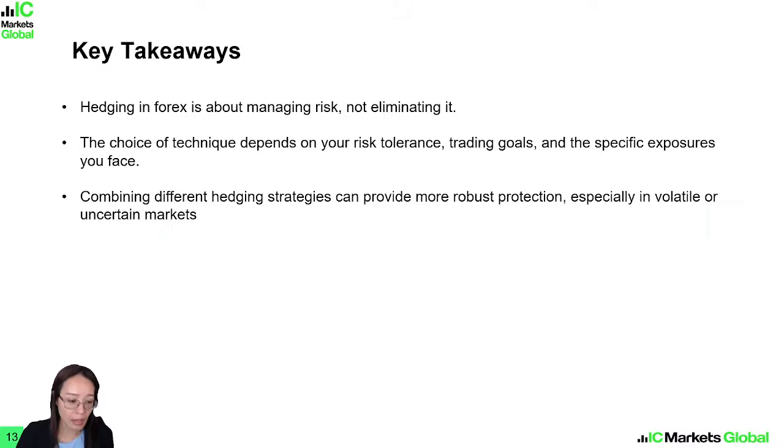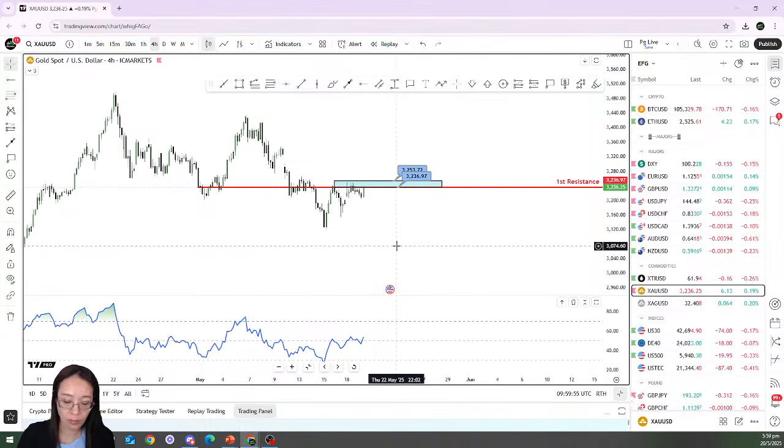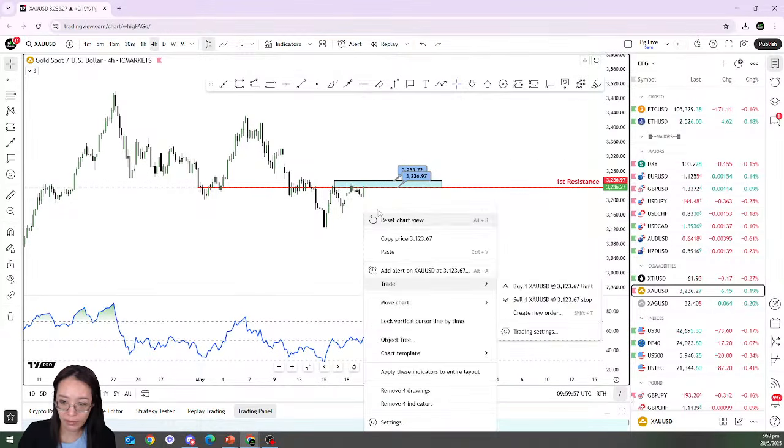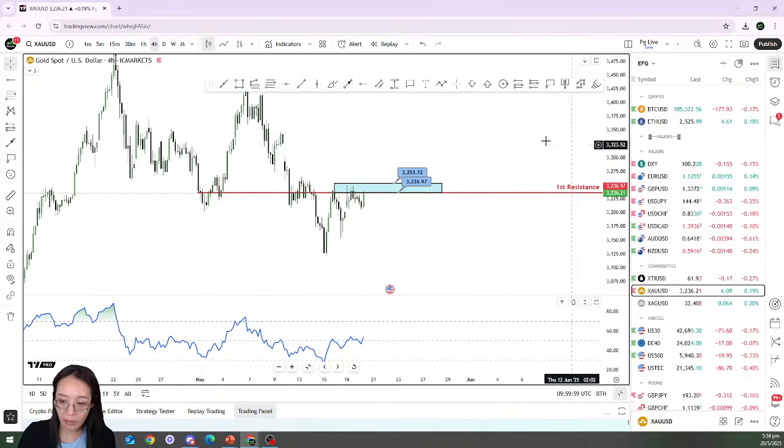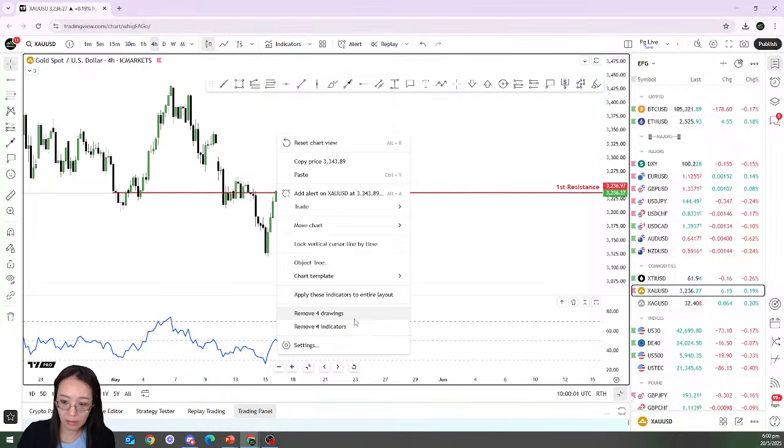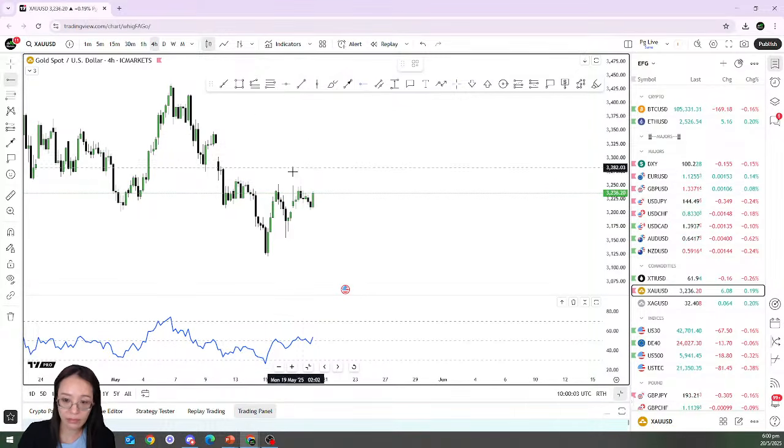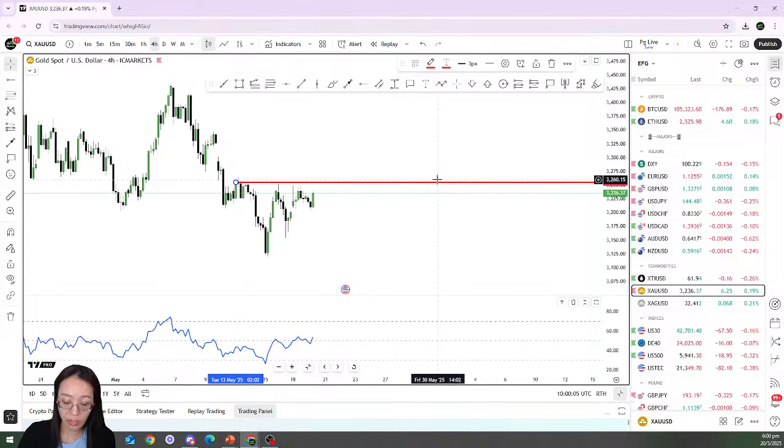So I used to do hedging, but not anymore, because I personally think it requires a lot of strength from me, and I feel it's pretty stressful as well. So I prefer to just put the stop loss. Last time I also used to put a buy stop and sell stop, but not anymore.